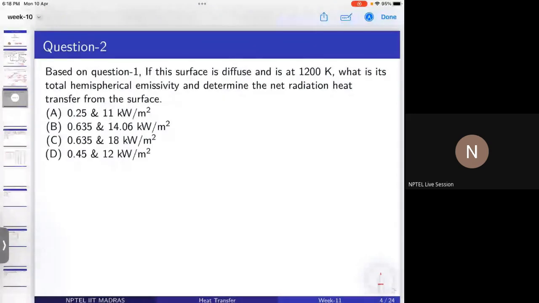For solving this, you may need this black body radiation function table. So I hope you have this.